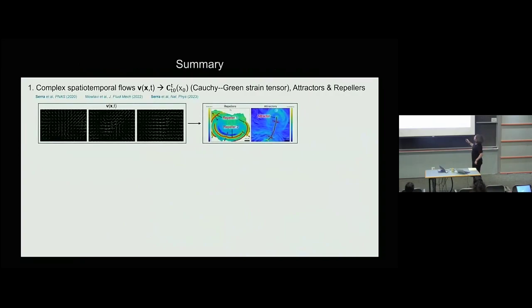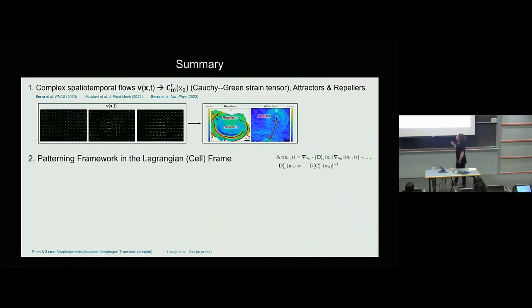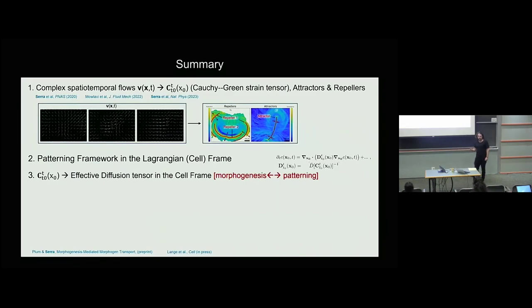Okay, so I will summarize. First, we showed that compressing spatiotemporal flows into attractors and repellers via the Cauchy-Green tensor is a way to simplify spatiotemporal trajectories into kinematic units. Then we rewrote the advection-reaction-diffusion equation in the Lagrangian frame, and the Cauchy-Green tensor that we used in part 1 was the one mediating diffusion in the cell frame.